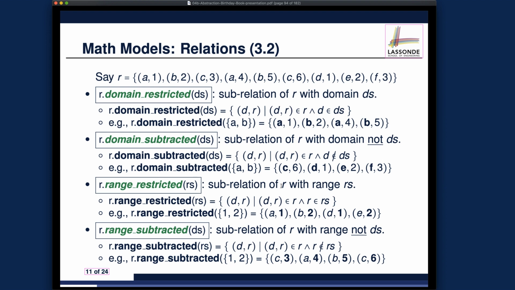If you say relation dot domain restricted some set, for this example you can see this query does not modify the context object R. What it does is return a brand new relation object, corresponding to the domain restriction on R. Domain restriction, domain subtraction, range restriction, and range subtraction are also things you learned before. To really review, look at this slide to see both the definitions and examples. You're expected to do that. I will do just one of them as an example with you in just a moment.